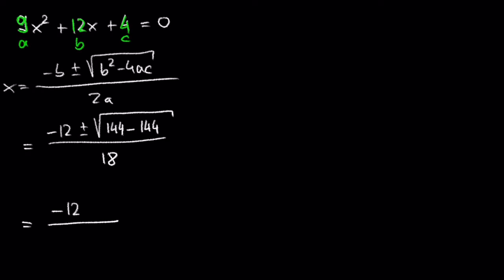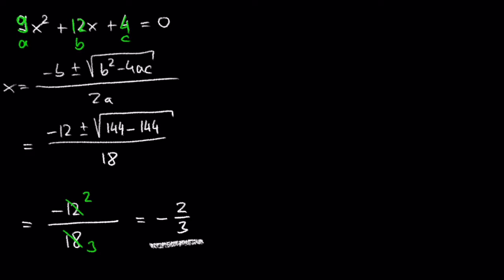Negative 12 plus minus 0 divided by 18. 12 divided by 6 is 2 and 18 divided by 6 is 3. So we get negative 2 over 3.